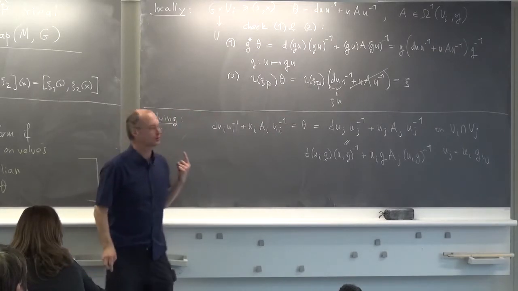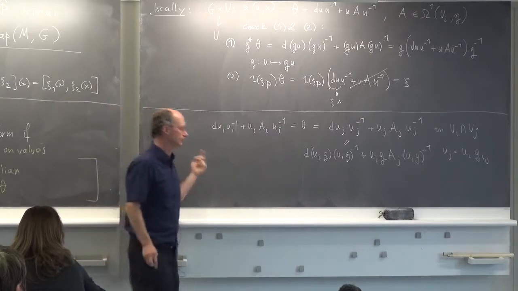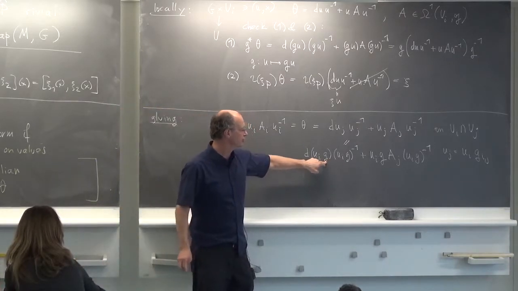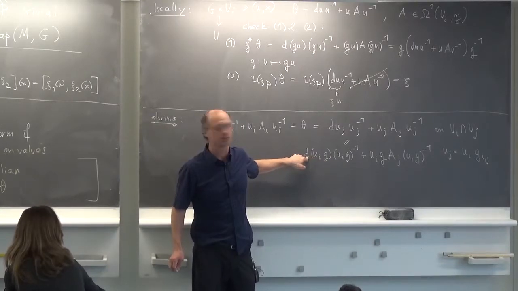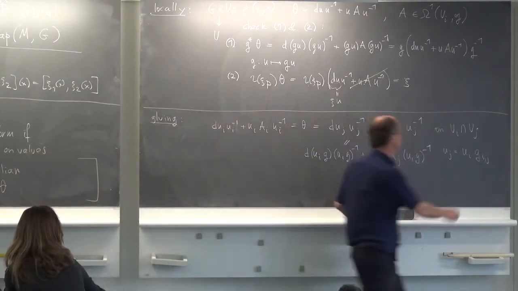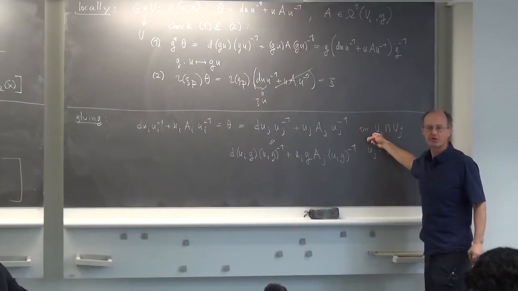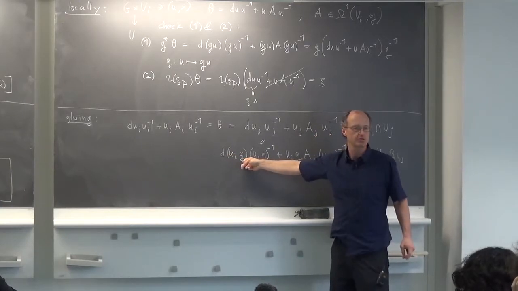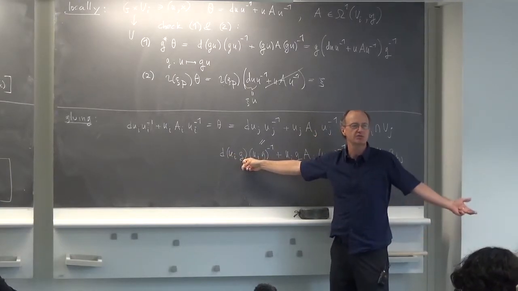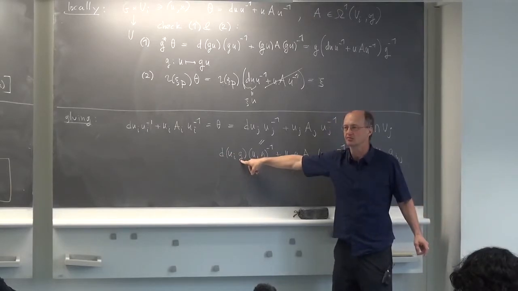Now, there is a considerable difference with respect to the previous calculation. In fact, there are two. On the one hand, this g stands on the right instead of on the left. And second thing, now what is g? g is actually a function on the overlap with values in the group. So when we differentiate, this is not a constant, this is some kind of function on the overlap. So this differential will act on it.